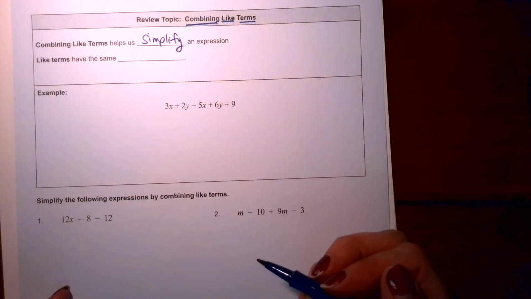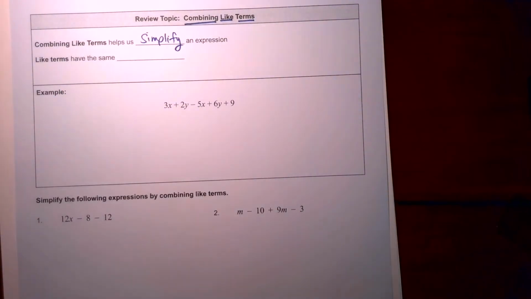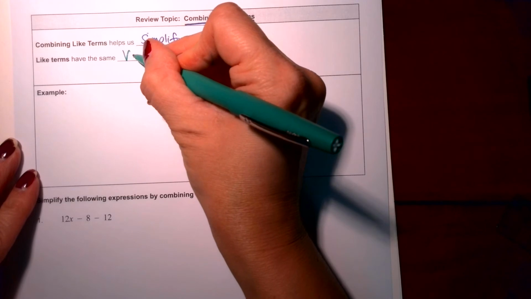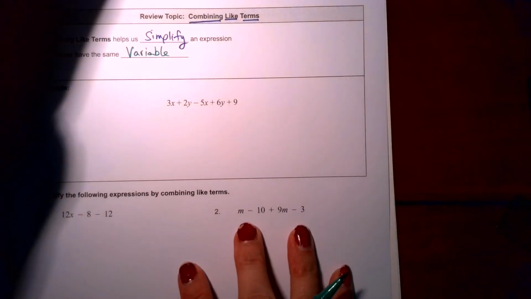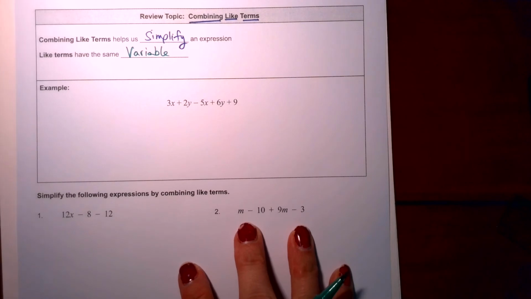It's going to make it smaller. Like terms have to have the exact same variable. You can put things together if they are alike.